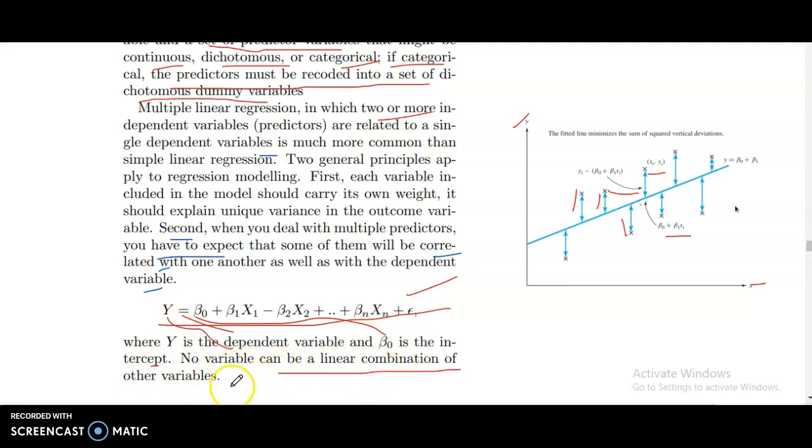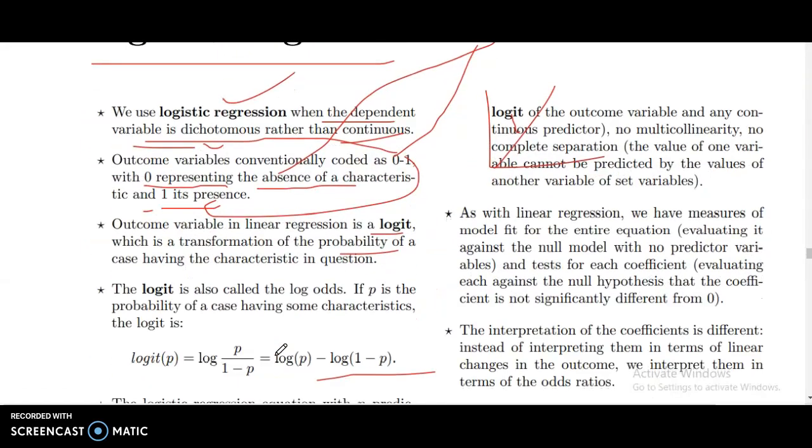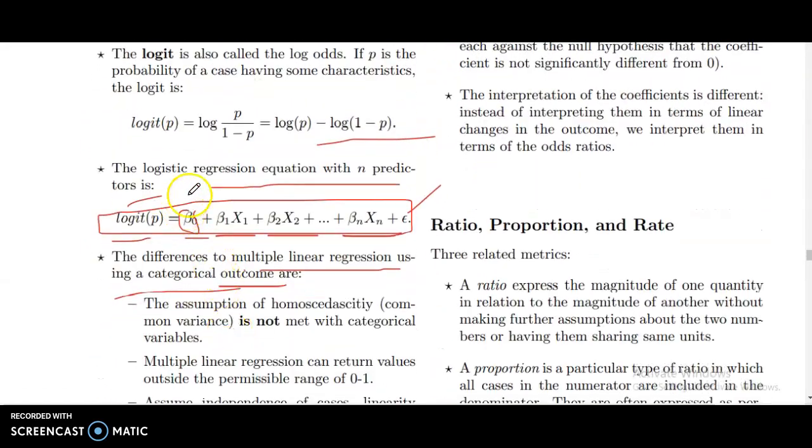No variable can be a linear combination of other variables.